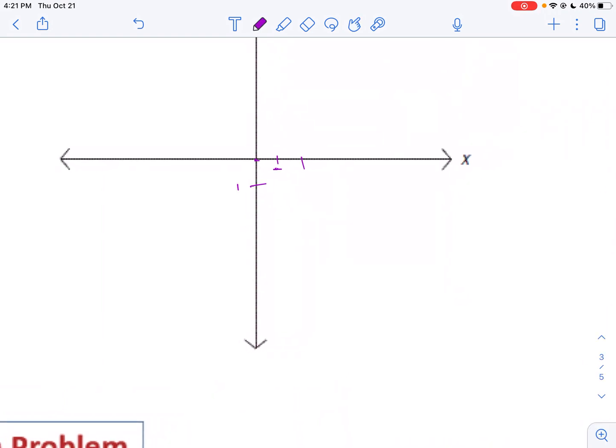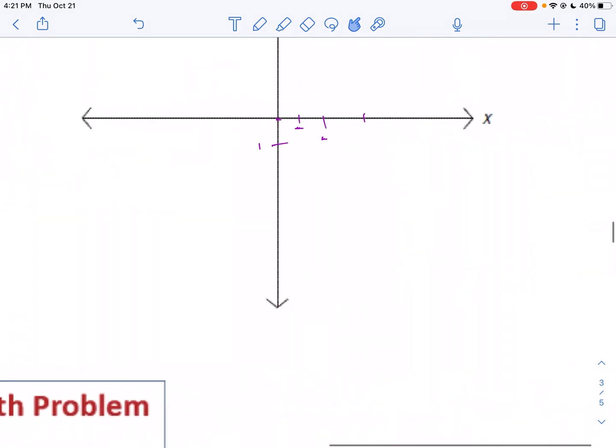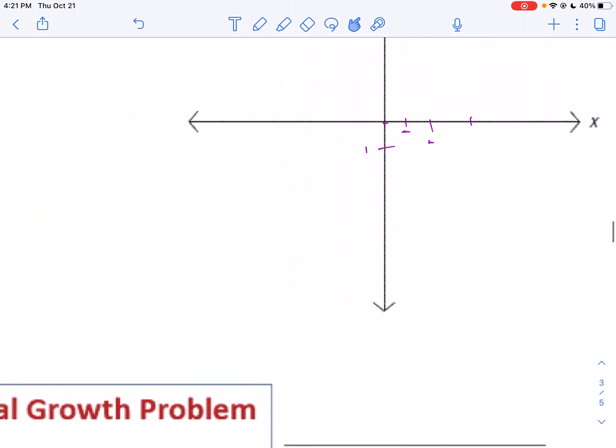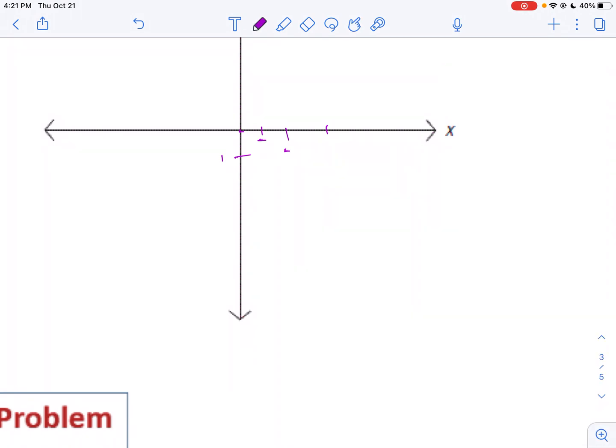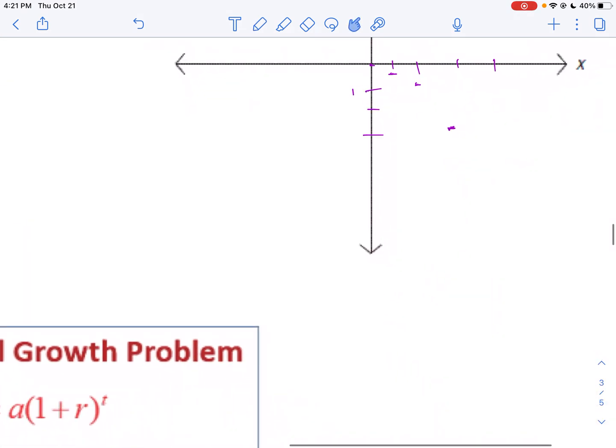So negative 1/2 I'll put right there. When x is 3, I'm going to be at negative 2.5. So there's 1, 2.5. When x is 4, I'm going to be at negative 12.5, which is going to be way down here in my graph then, isn't it?